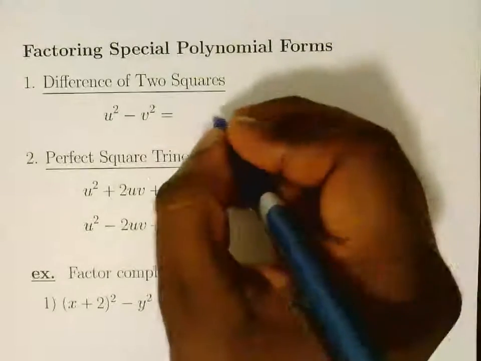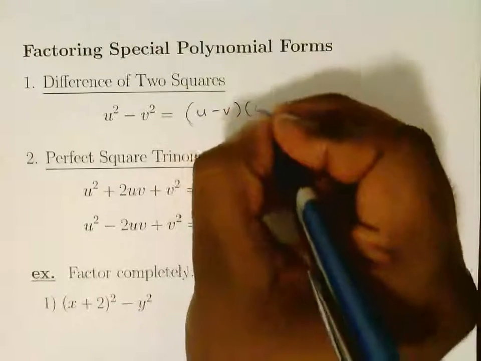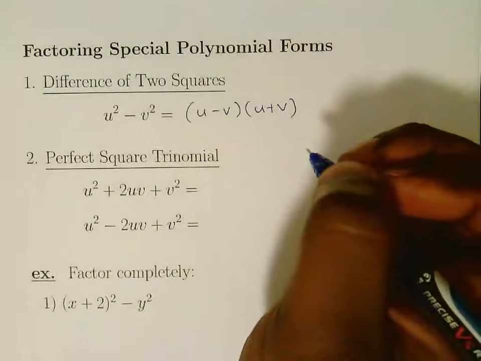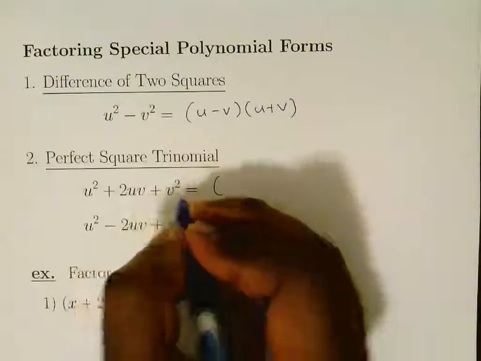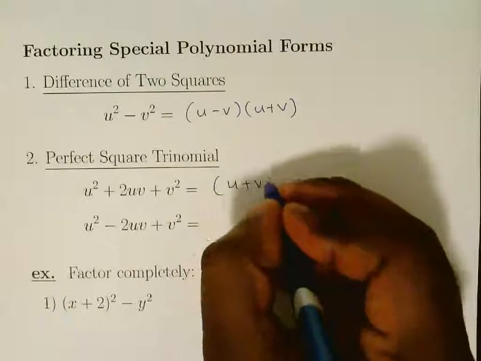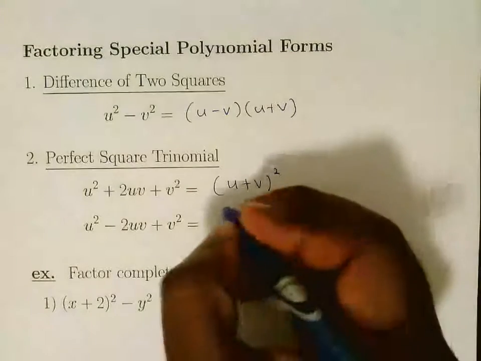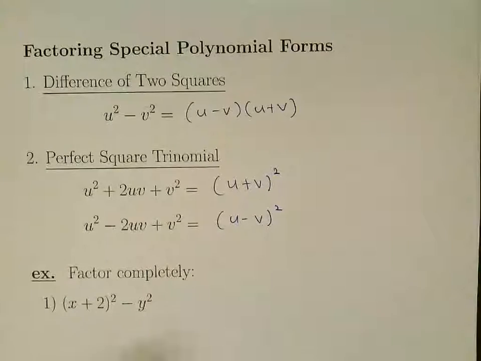Again, what is important is the formula, and that is u minus v, u plus v. The perfect square trinomial is u squared plus 2uv plus v squared factors as u plus v, the whole thing squared. And u squared minus 2uv plus v squared factors as u minus v, the whole thing squared.